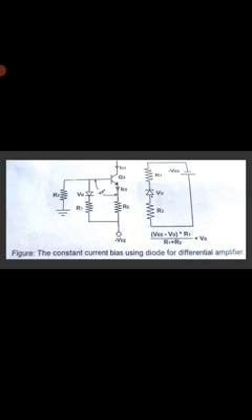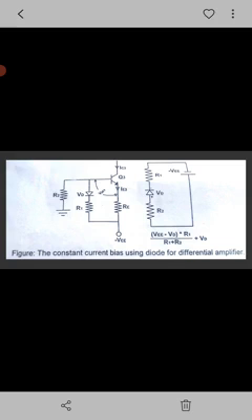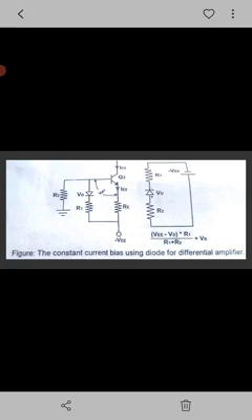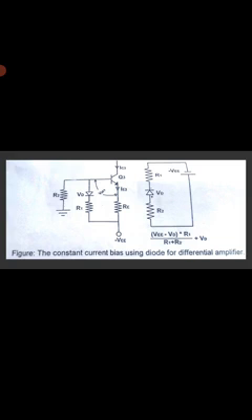Since the cut-in voltage VD of the diode is approximately the same value as the base to emitter voltage VBE3 of the transistor, the above condition cannot be satisfied with one diode.